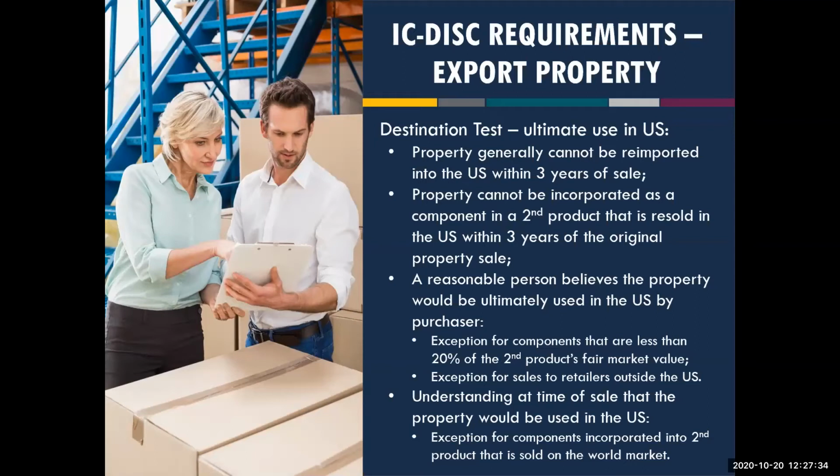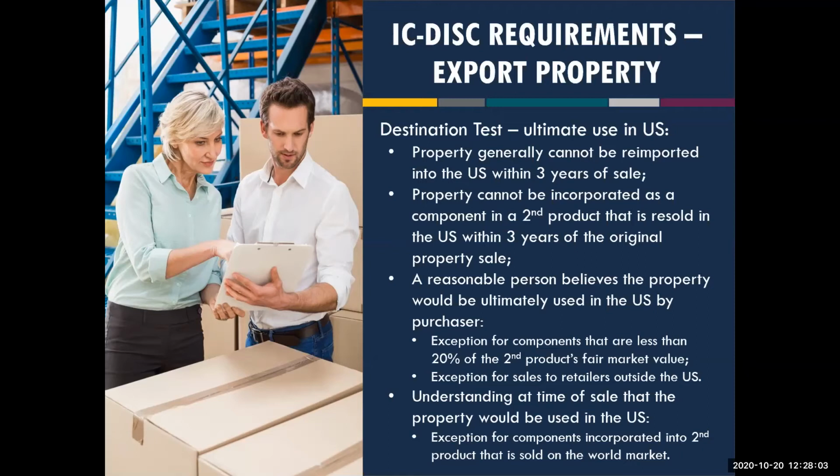There are some instances where ultimate use is deemed to be in the US. This can happen if export property is reimported into the US within 3 years of the original sale. This can happen if the property exported is incorporated as a component part of a second product that's resold in the US.